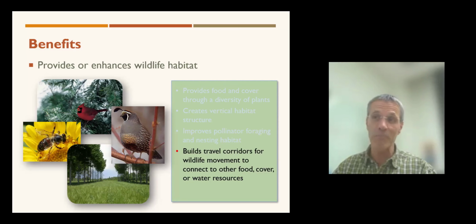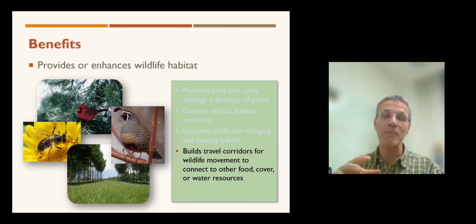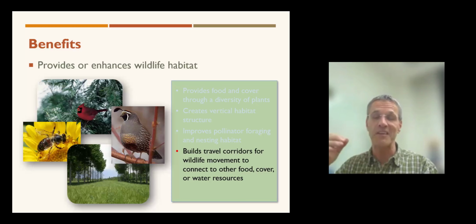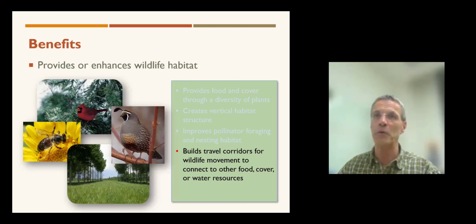In addition, it provides a corridor for larger animals, especially for birds, where it can connect maybe a forest with another forest if the wildlife species have that way of traveling from one to another and using these tree rows or shrub rows for that.